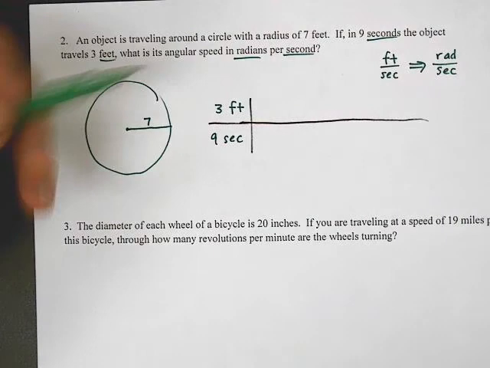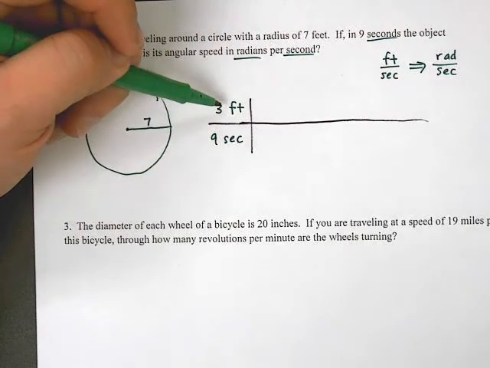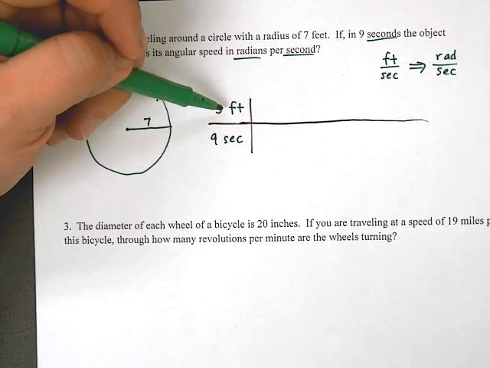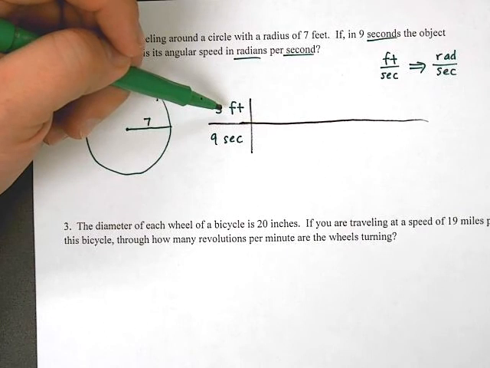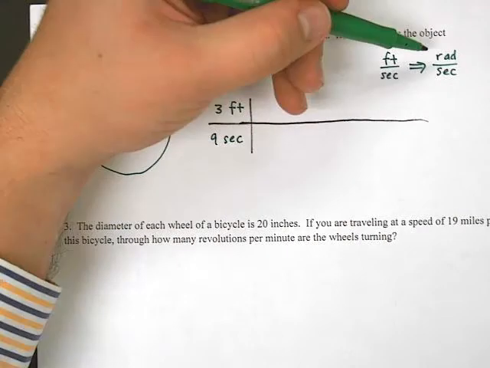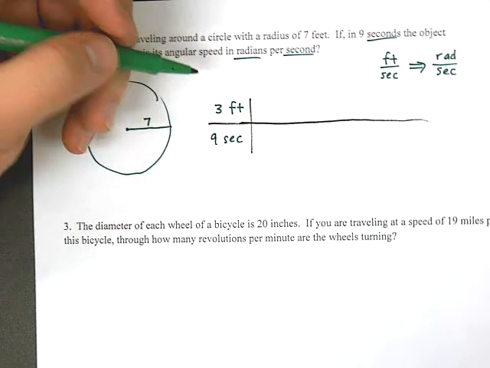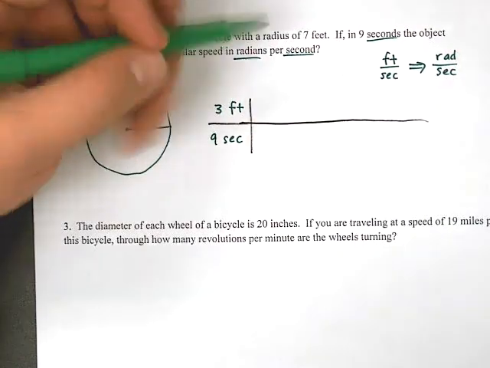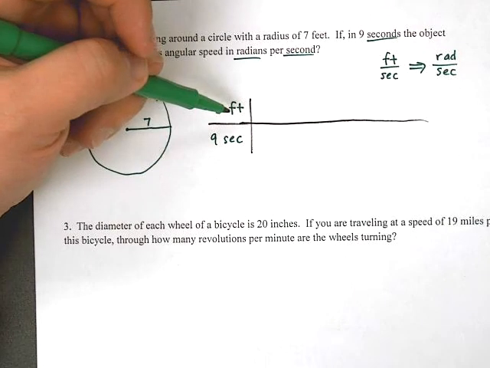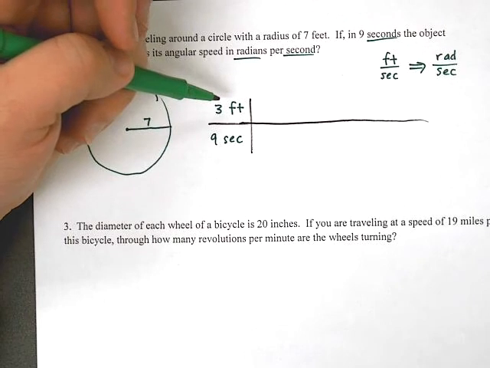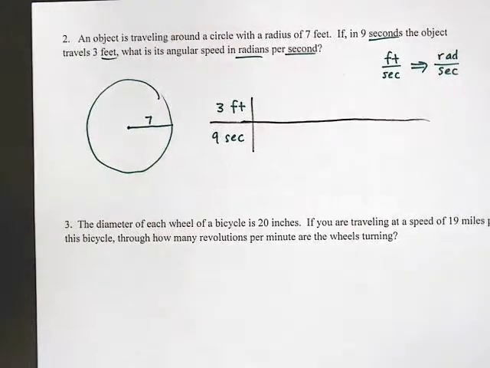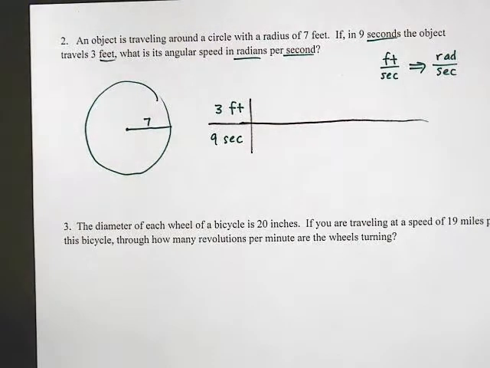Well, feet is a length, and we need to get into angles. Radians are angles. So we actually need to do 2 steps here. We need to first get from feet into revolutions, because we can't really go straight from feet into angle. We need to go from feet to revolutions, and then we know how to get from revolutions to angles.